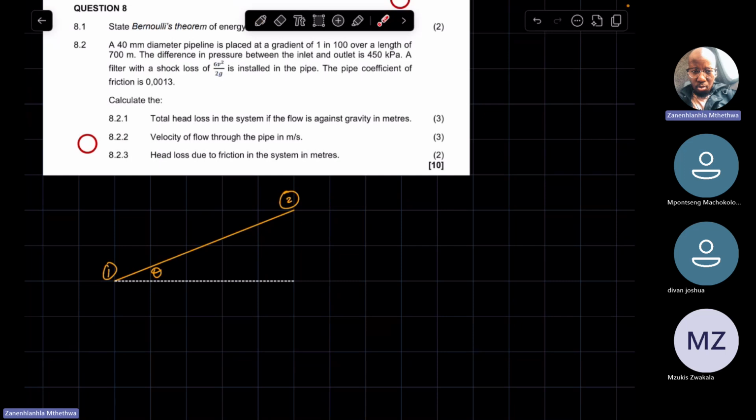If you had to calculate one of the pressures, they would have to give you one of the pressures, depending on which one they're looking for. So if they've given you P2, then you would have to calculate P1 and vice versa. Either way, you would have to use this principle. So when do you use that formula for the circle now? If you've been given the column of fluid, if you've been given the h. Okay, I understand.